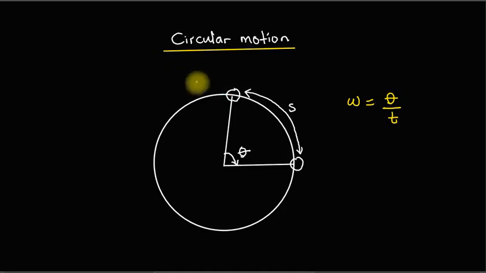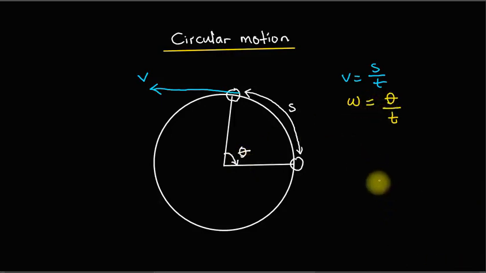Okay, let me draw this again. So the velocity is always directed tangential to the circular path. That's linear velocity, and that's just distance over time. But angular velocity has to do with the angular displacement per unit time.